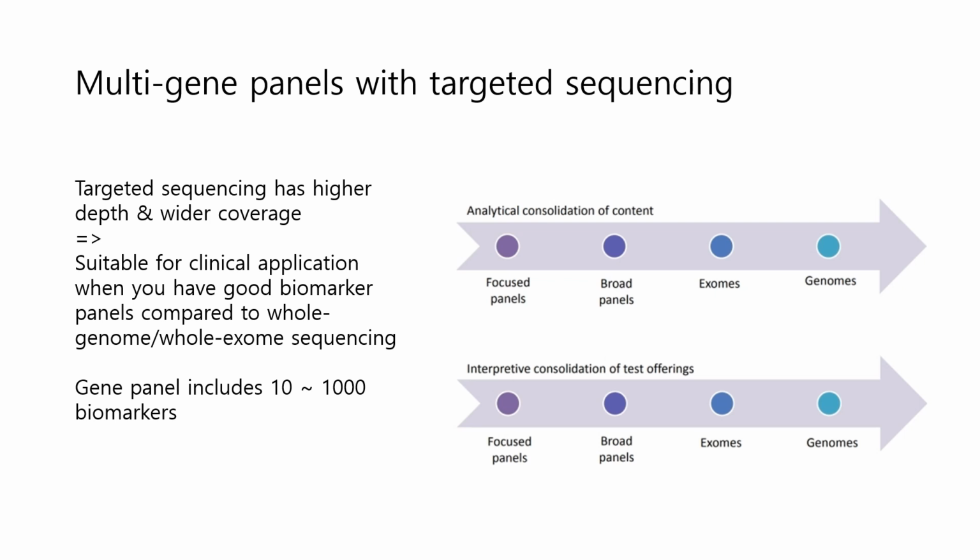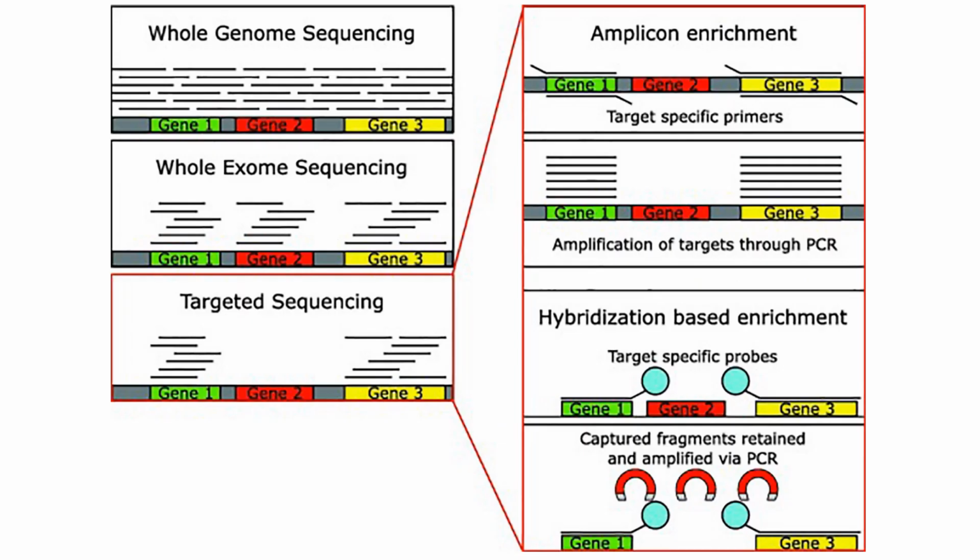Targeted sequencing has higher depth and wider coverage, so it is very suitable for clinical application, especially when you have good biomarker panels, compared to whole genome or whole exome sequencing. A gene panel usually includes 10 to 1,000 biomarkers. This figure shows a brief comparison of whole genome sequencing, whole exome sequencing, and targeted sequencing.